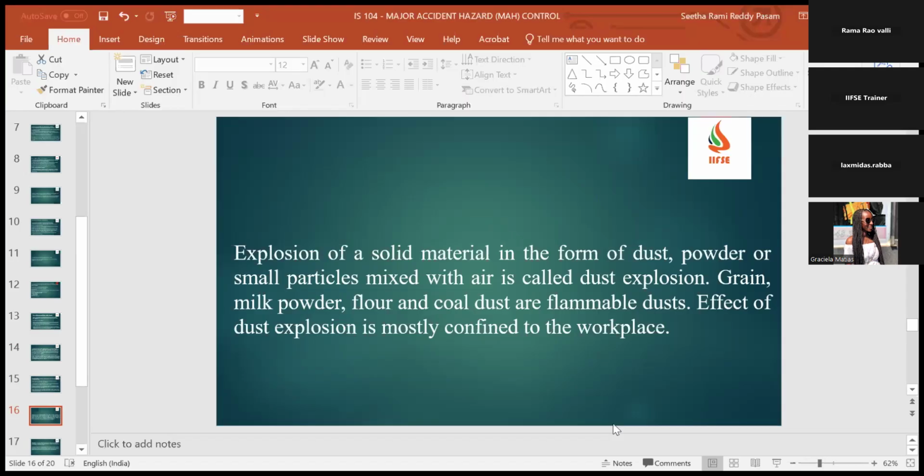Confined here does not mean a confined space; it means it is restricted to the workplace. It will not extend beyond the workplace because the dust over time settles on horizontal surfaces, equipment, fittings, or infrastructure. Once it ignites, it is limited to that space, which means a confined explosion.